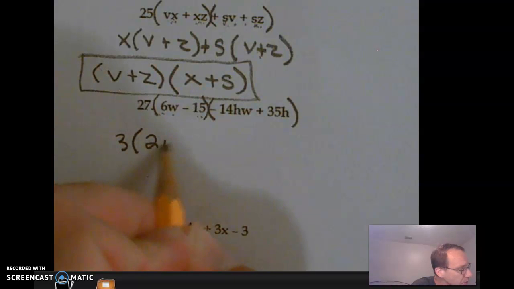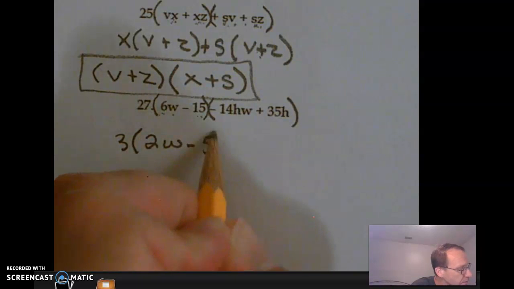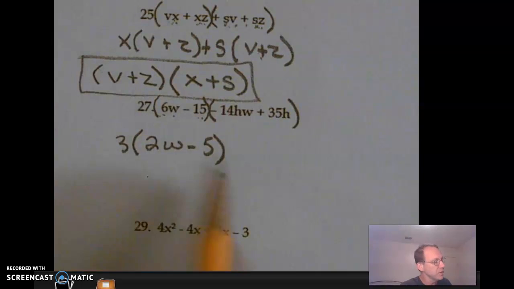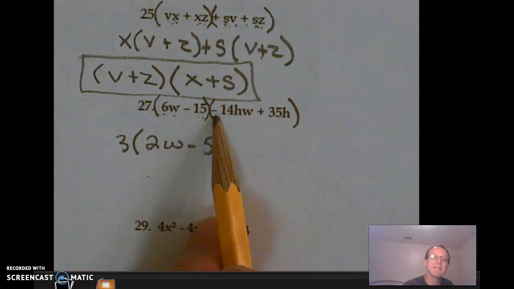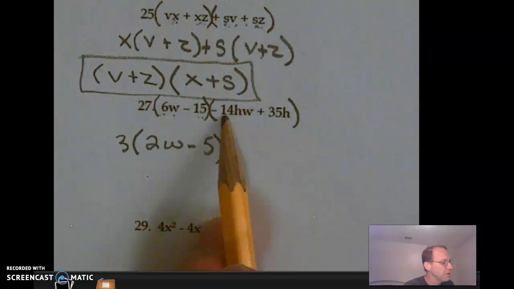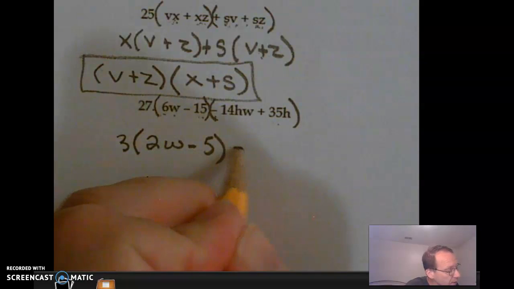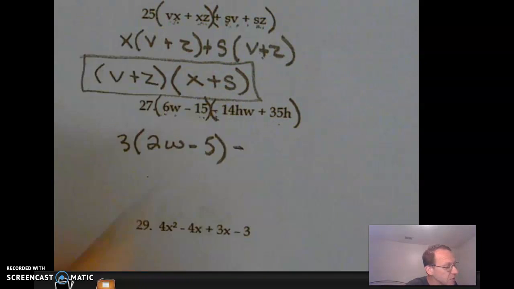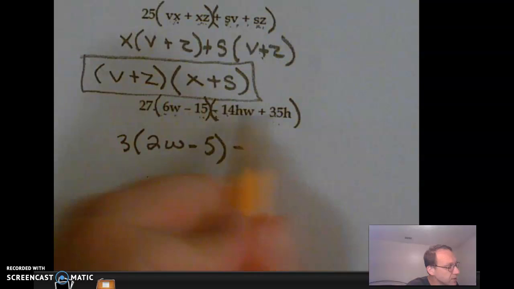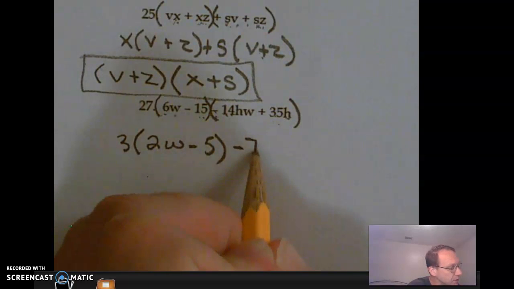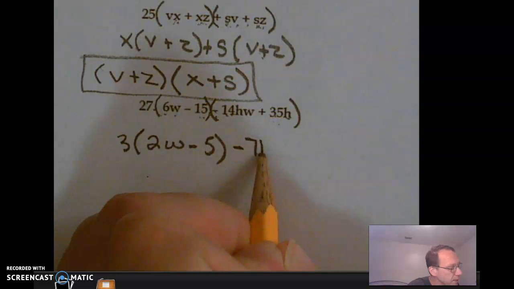So 2w minus 5. Now this one's a little tricky because it's a minus. So when you factor out a common factor here, if it's a minus in front, you want to bring that minus down on that factor. So we're going to factor out a 7 and an h.